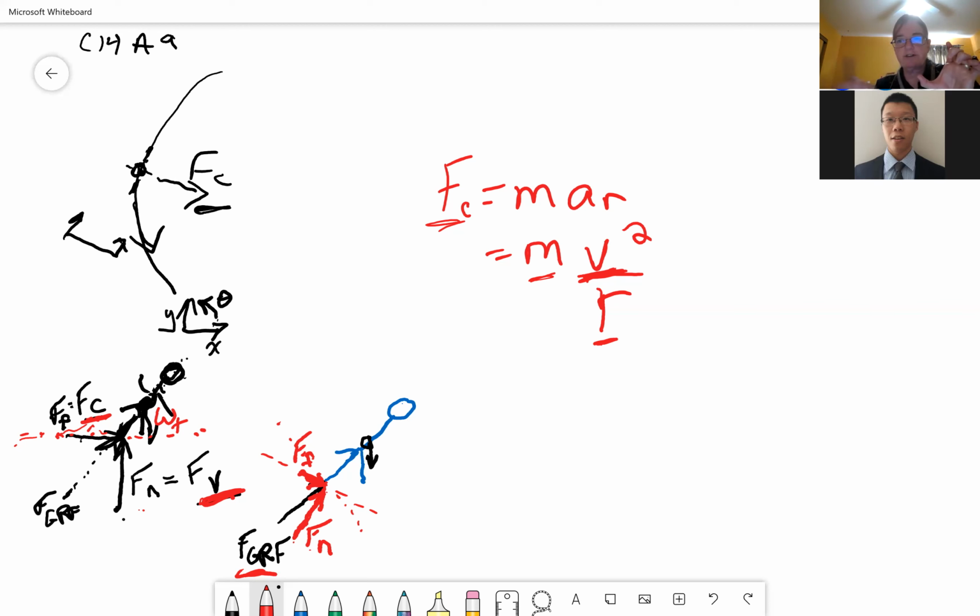And so the faster they go, the higher up on the wall they're going to be, so that they can try and keep their wheel as 90 degrees to the surface as possible.